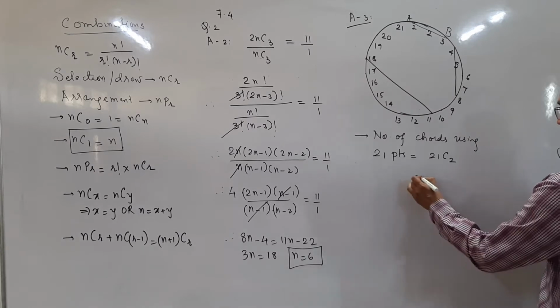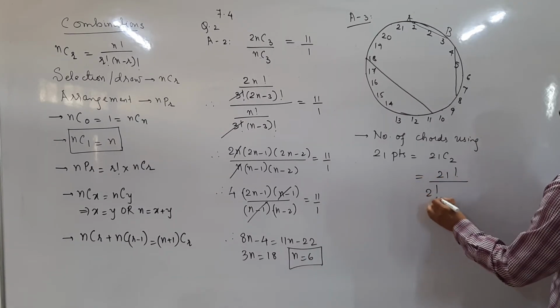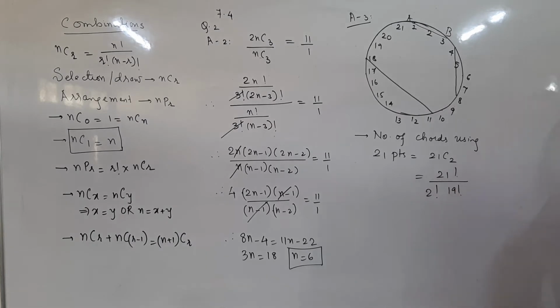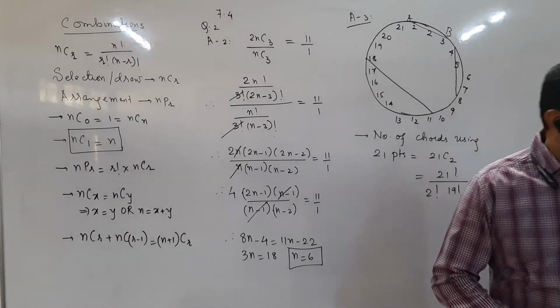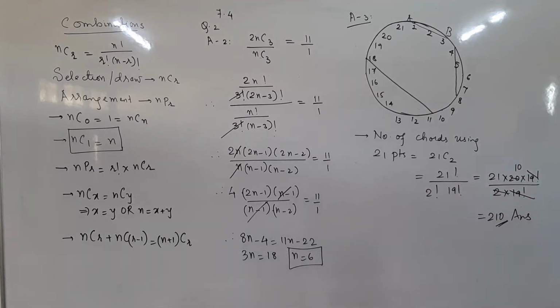So when I simplify this, it is reduced to 21 factorial upon 2 factorial into (21 minus 2) factorial, 19 factorial. So this is reduced as 21 into 20 into 19 factorial upon 2 factorial, which is 2, 19 factorial gets cancelled, and the number of chords works out to be 210. So how many distinct chords can be obtained using these 21 points? Then the answer is 21C2.